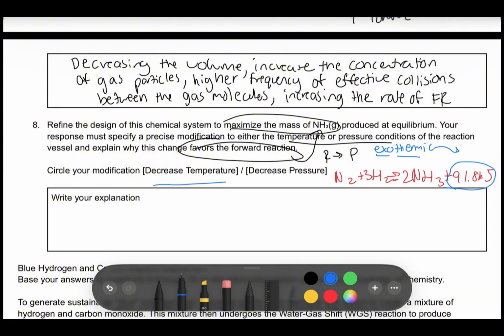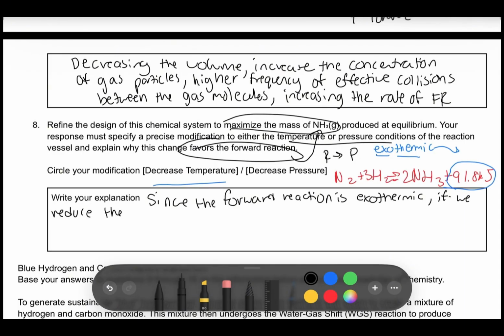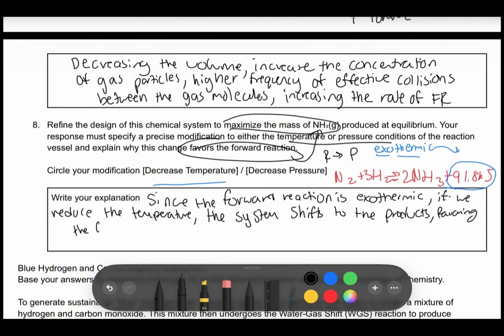Therefore, it's going to favor the forward reaction. So since the forward reaction is exothermic, if we reduce the temperature, the system shifts to the products, favoring the forward reaction that produces an increased amount of NH3.